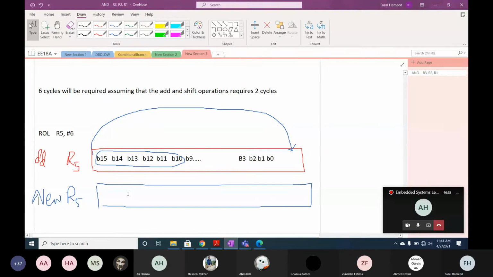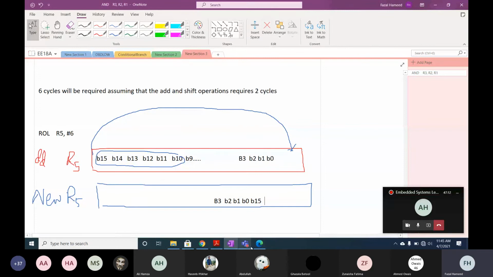B15 will move to the LSB side, and then this B15 will be shifted on the left. Which value will be moved next?